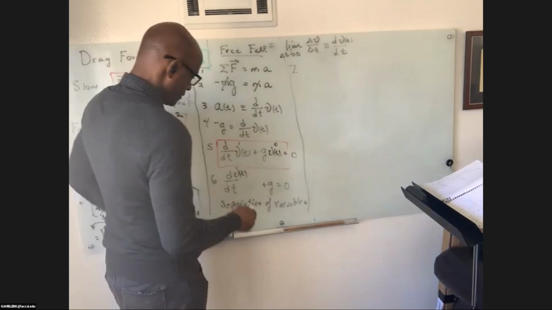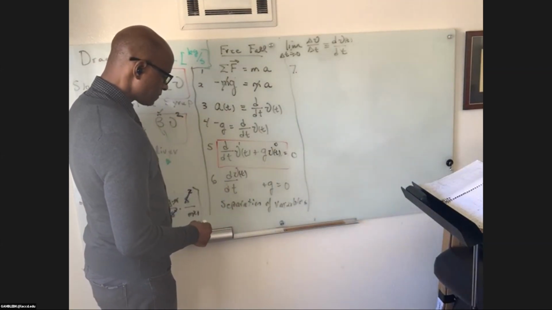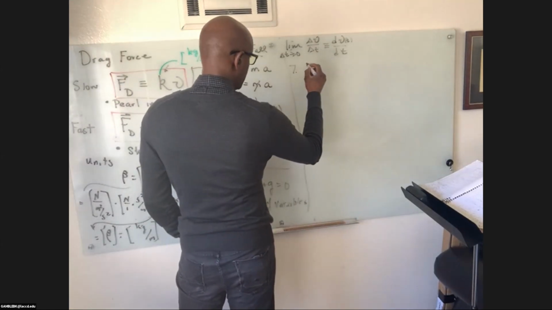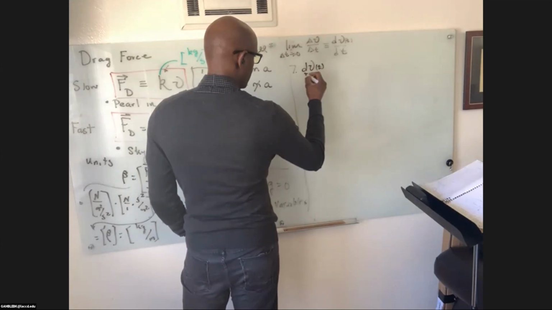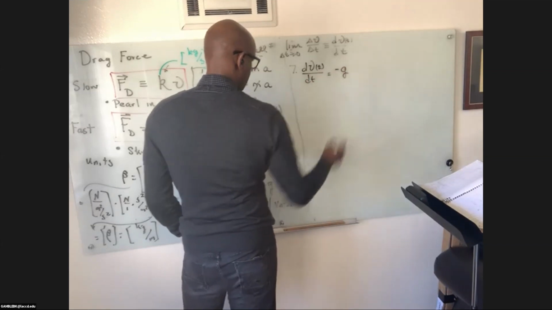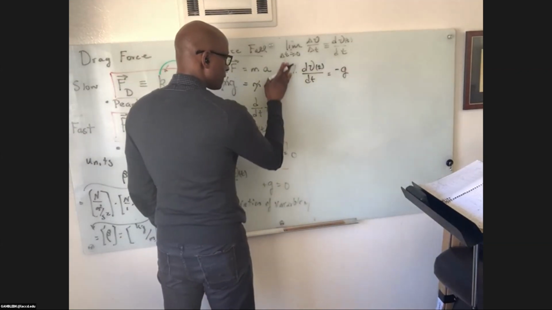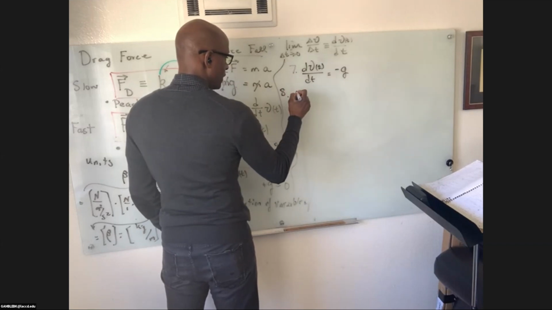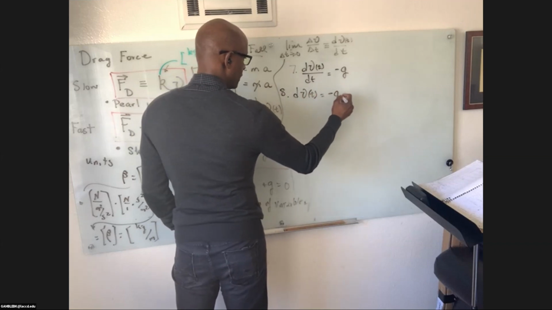And once you get to it, it won't be the first time you've seen it. So you're going to have dv of t over dt equals minus g. Now I'm going to take the dt over, and so we'll have dv of t equals minus g dt.